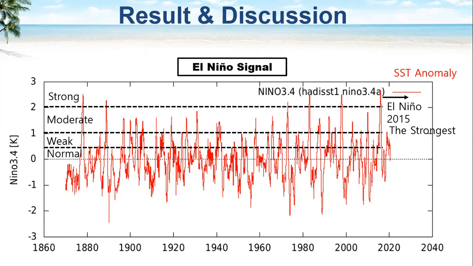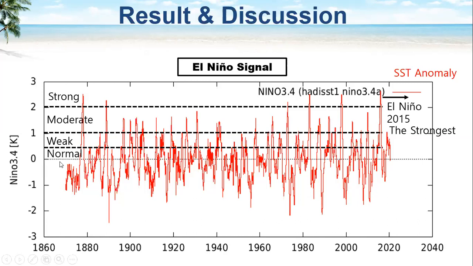While if the anomaly of sea surface temperature is above 2 degrees centigrade, it means a stronger El Nino will come. If the anomaly of sea surface temperature ranges between 0 and 0.5, as you can see, it is classified as normal climatic conditions.